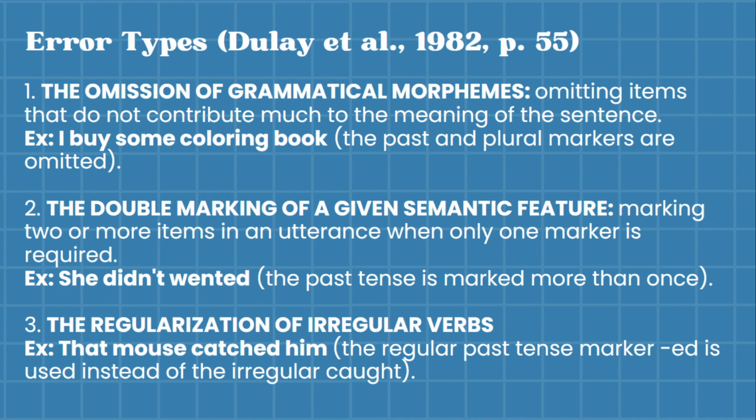As you can see, in this sentence, the past tense is marked more than once, so it is an error. And the third error is the regularization of irregular verbs, as in the sentence "that mouse catched him." As you can see, the verb catch is an irregular verb, so the second form should be caught.